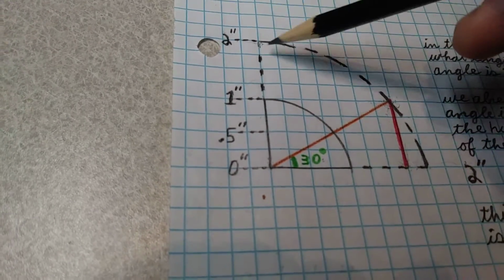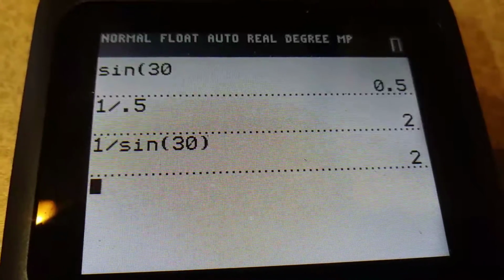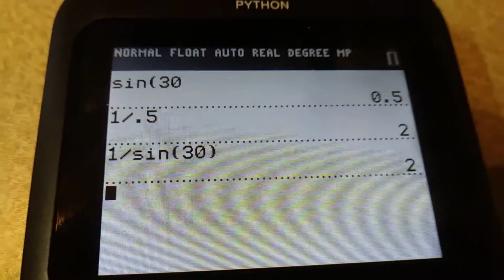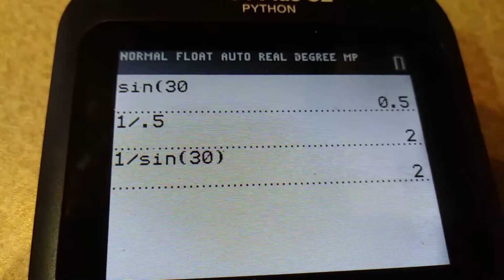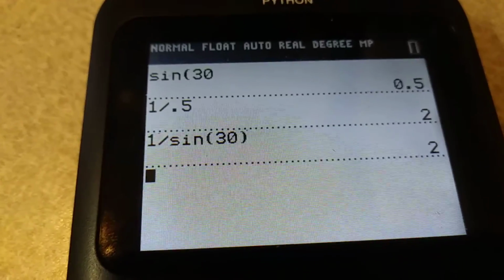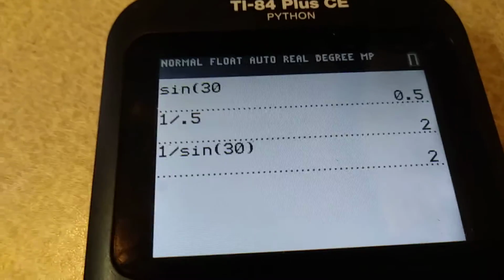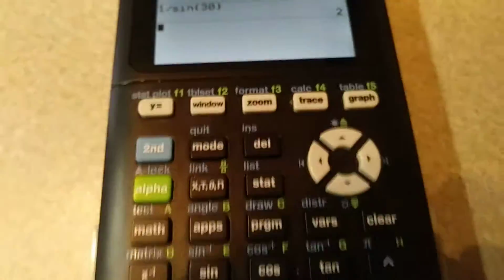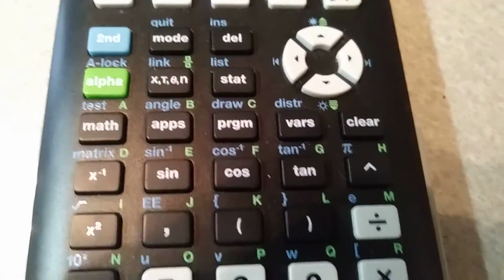What I just did right there, 1 divided by sine of 30 degrees, is the cosecant of 30 degrees. It looks like that because there is no cosecant button on a calculator.